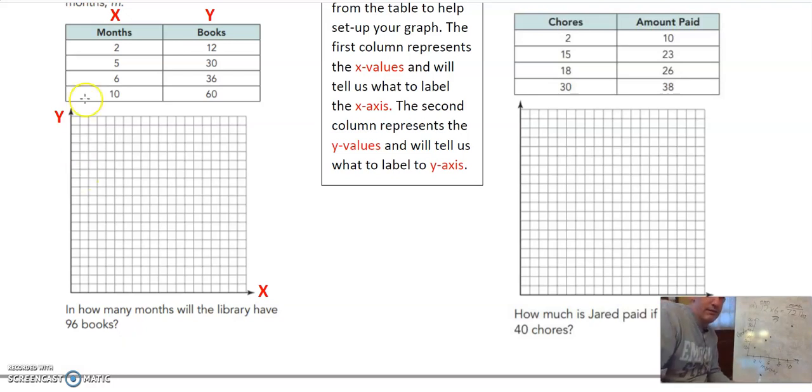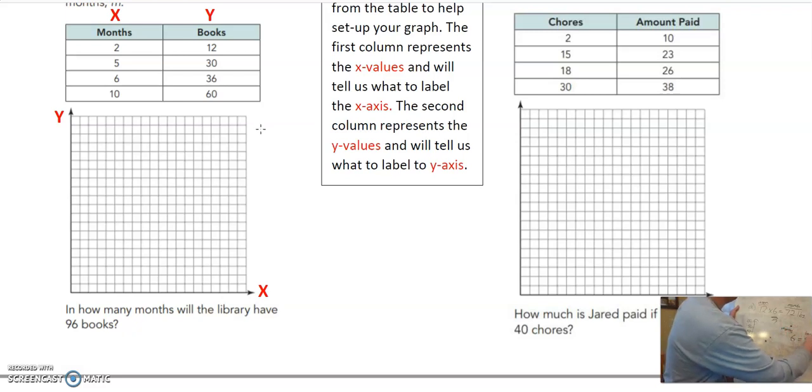To get from here to here, what do I need to do? I think I need to multiply by 6. Look at that. 10 times 6 would be 60. 2 times 6 would be 12. So basically, it's asking me the question, what times 6 equals 96? Because this is the number of months, and this is the number of books.